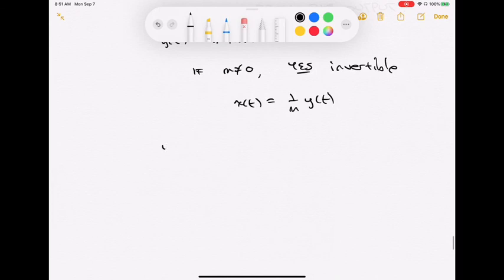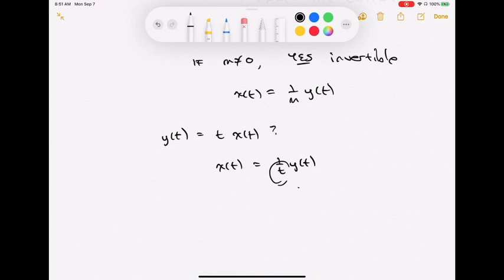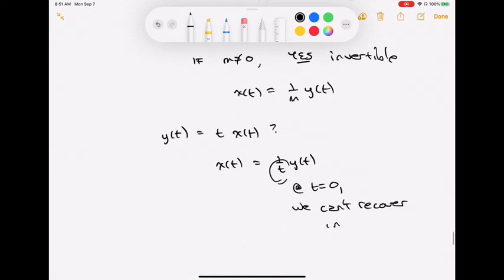How about this one? This was one we looked at before too. y(t) = t x(t). You could again try to solve for x(t): x(t) = y(t) divided by t. It seems like we can get that answer, but we do know t sometimes can be equal to 0. At t equal to 0, we can't recover the input.